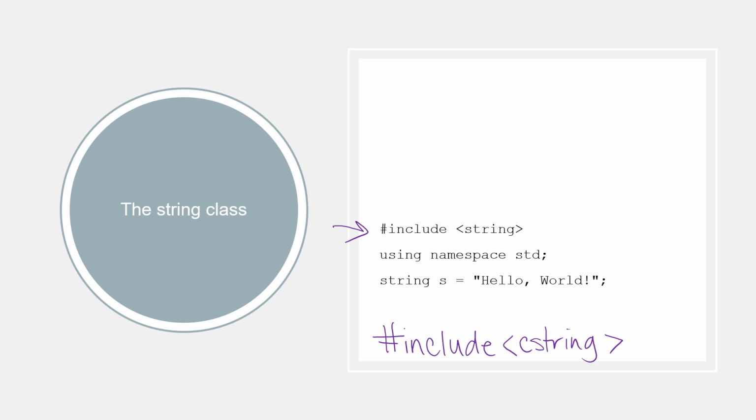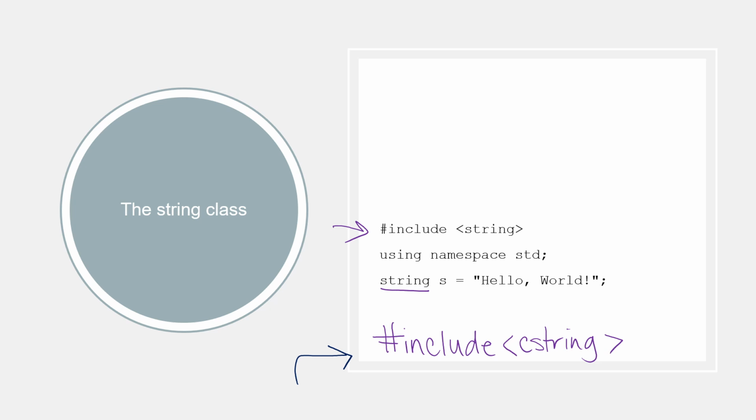Well, most things can be done with the string class, but it's also important to note how strings are stored, and they're stored as an array of single characters with the null character. So while we're learning about strings and the C++ string class, we're also going to learn more about C strings because they're both stored the same way, but there are many good features about the C++ string class.